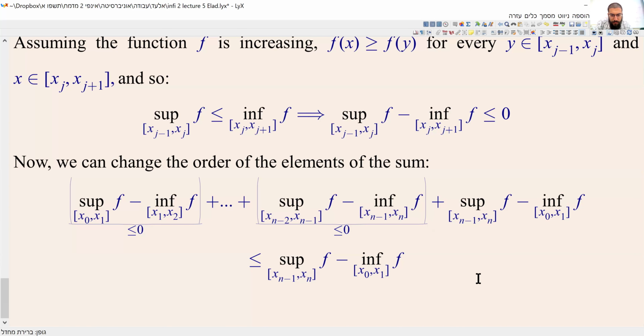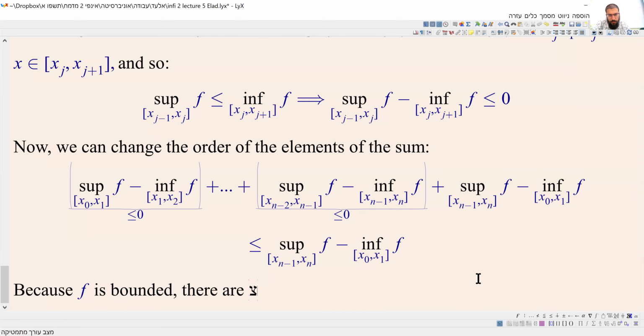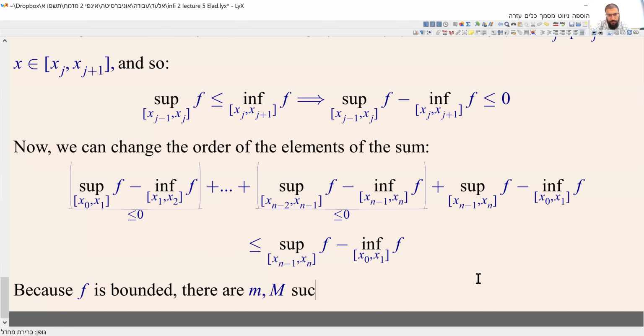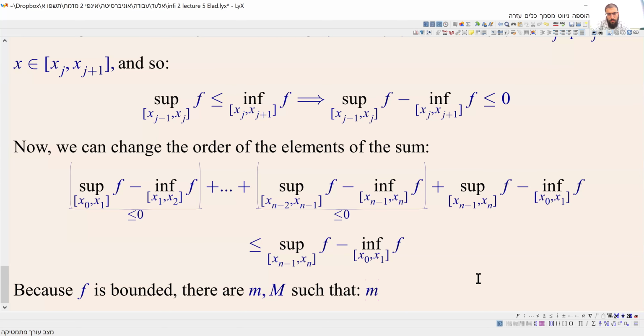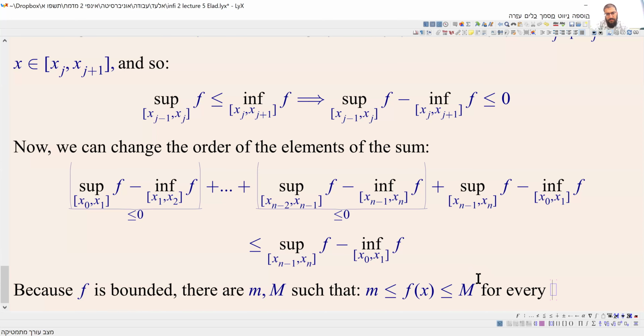Now f is bounded. Because f is bounded, there are small m and big M such that f(x) is bounded between them for every x in [a, b].